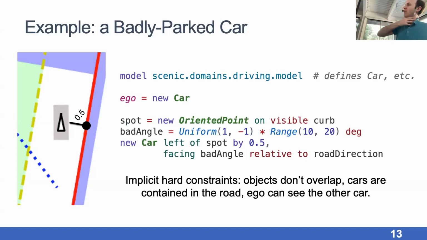In terms of order, I'll just mention these specifiers like left of and facing, there is no order for those. So when you create an object, you can give a list of any number of these specifiers, and Scenic works out automatically the order in which to evaluate them so that everything gets sampled properly. Or if there's a cyclic dependency, it will tell you.